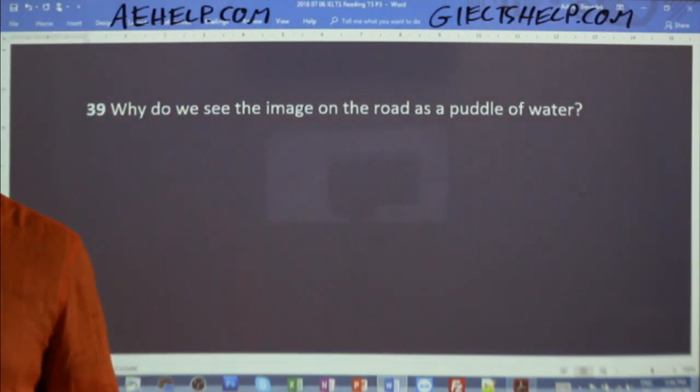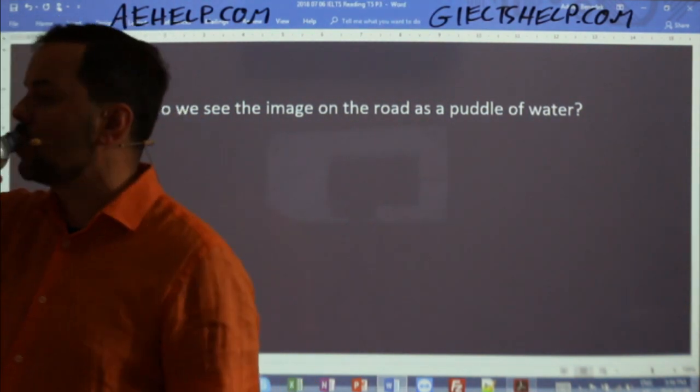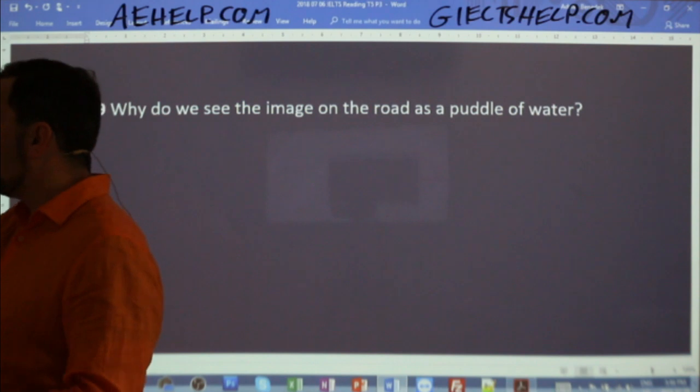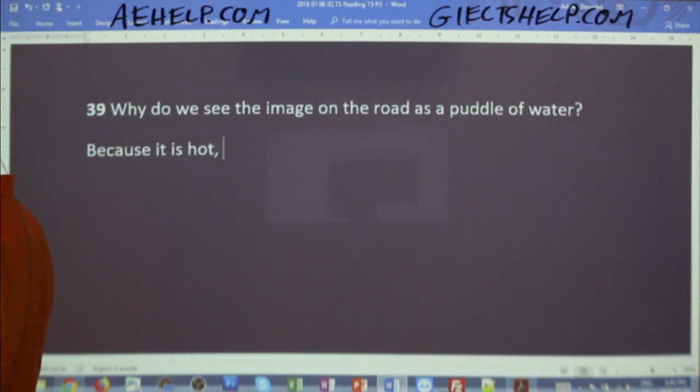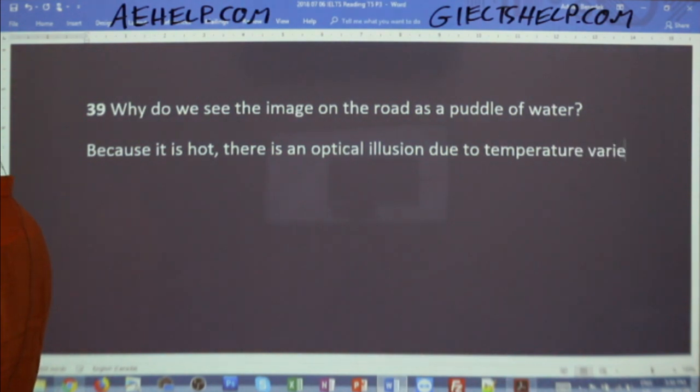It's an optical illusion. There's hot weather. Yeah. What other reasons can you give me? So this is where, again, you shouldn't have to skim or scan for these. So because it is hot, there is an optical illusion due to temperature variances.